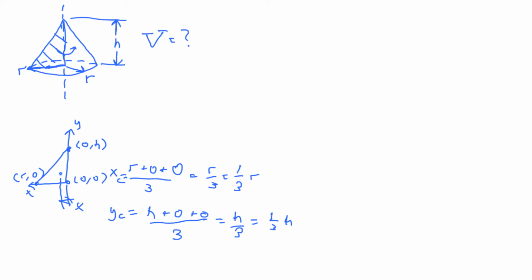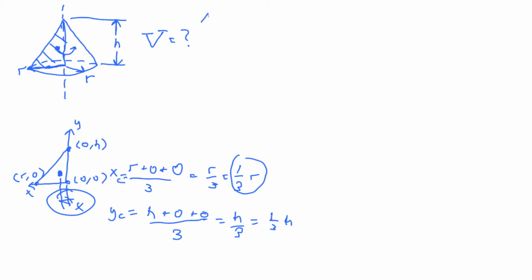So this centroid right here has an x and a y component. The x component, as I pointed out, is what we're interested in, and that's 1/3 r, because 1/3 r is the average of the x components. So that's approximately here.